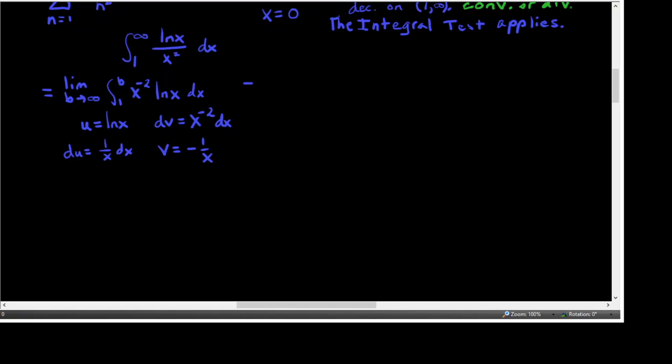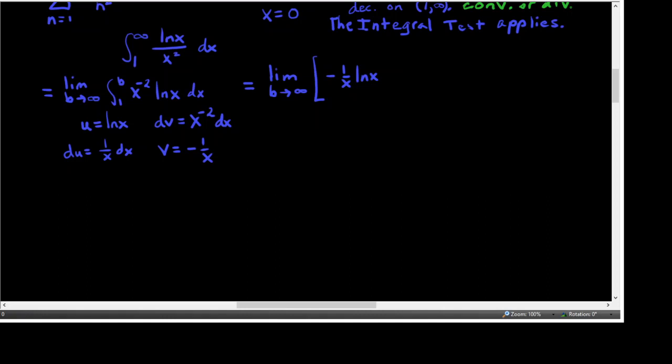So this is the limit as b approaches infinity of, okay, the first thing is u times v. So v is negative 1 over x times u. That's the order I'd like to see that in, generally speaking: algebraic before the logarithmic.